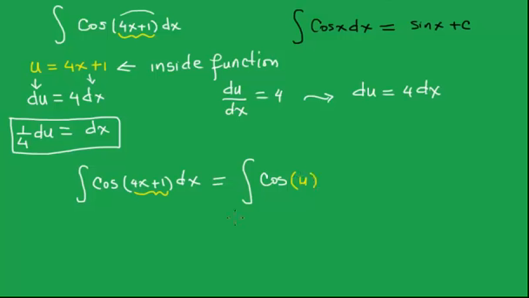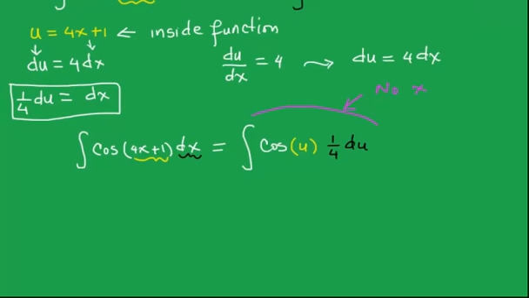Instead of writing 4x plus 1, I write u, because that's the substitution I made. And dx here is equal to 1 over 4 du. Now, if you look closely at this new integral, you don't have x anymore. It's only expressed in terms of u. So that's what we were doing.